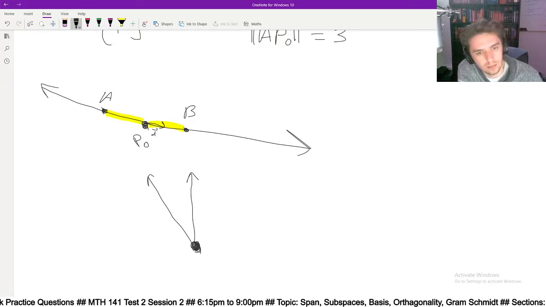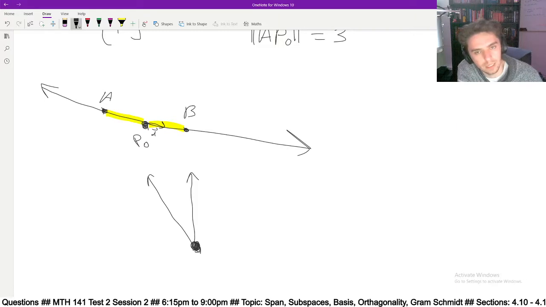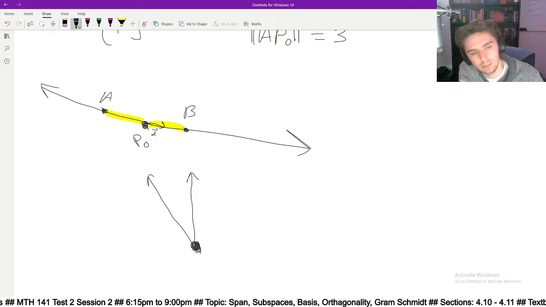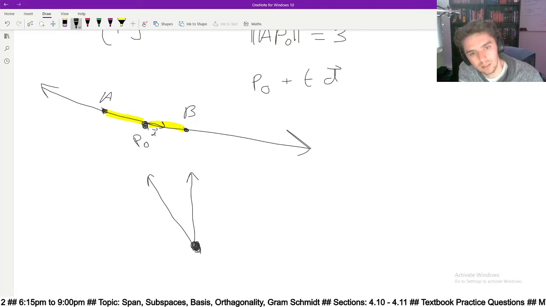So it looks like we're going to have 2 solutions here. So let's figure out what B is. B is going to be P naught plus T times the direction vector.